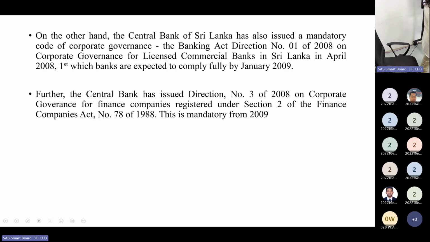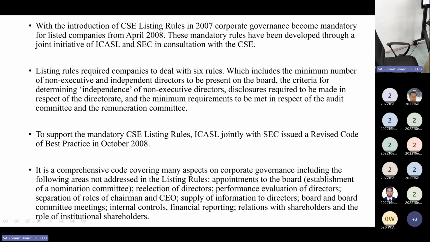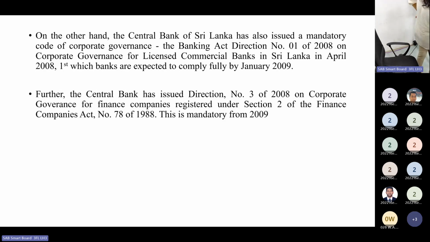2008 code was there, but on top of that, what the central bank did was, they also issued a mandatory code for banks. With the voluntary code, central bank introduced this one: the Banking Act Direction number 1 of 2008, and this is for licensed commercial banks in Sri Lanka.